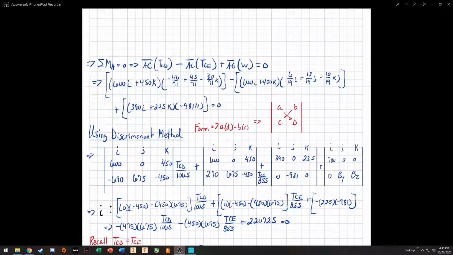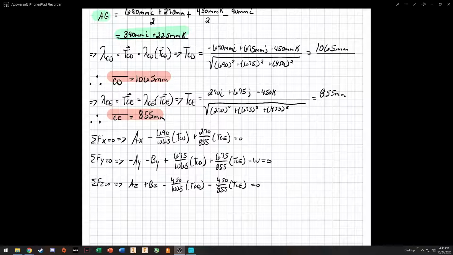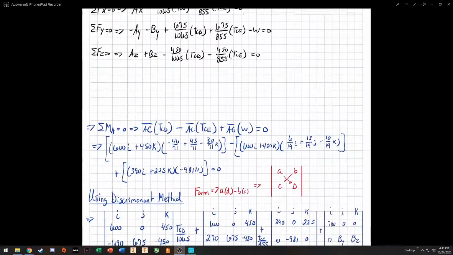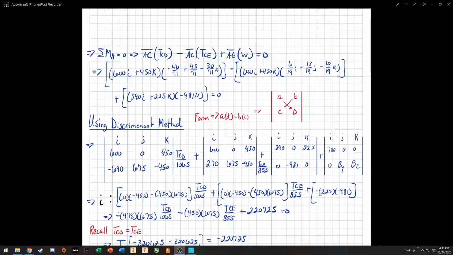But in the discriminant method, I'm going to keep them in the original component form. If you want, you can rewrite this in component form from back up here, which is our length TCD over here and TCE right here. And then our AG times our weight, which is 390i plus 225k minus 981 newtons.